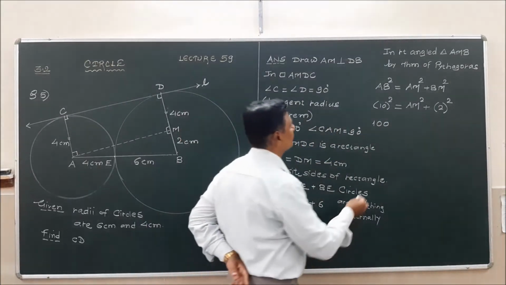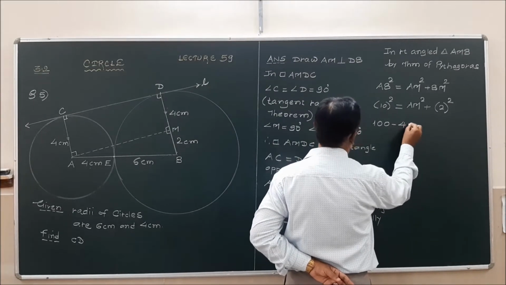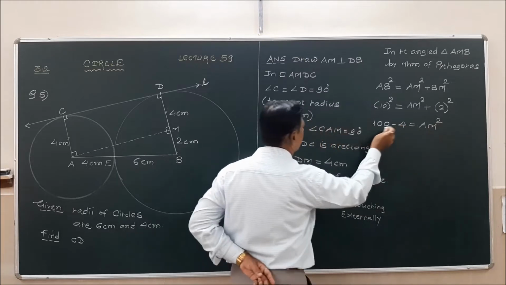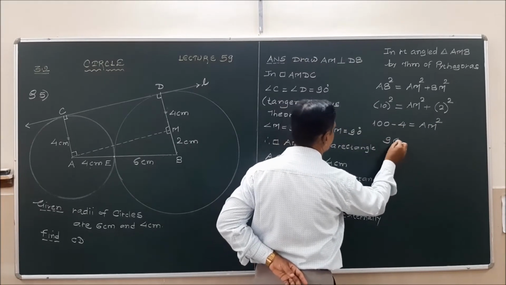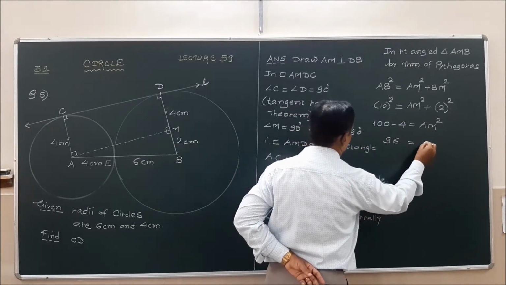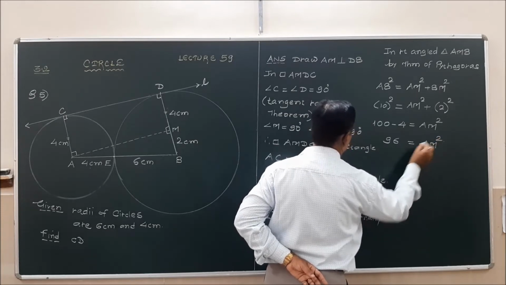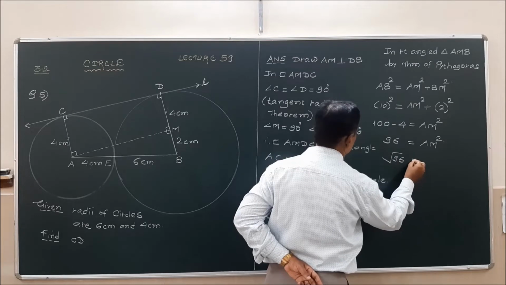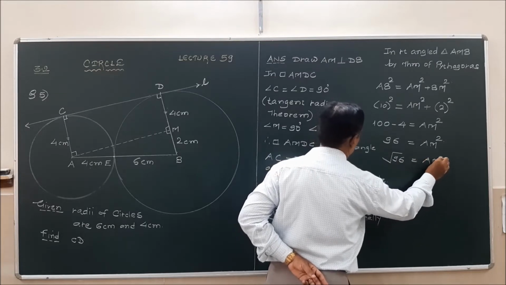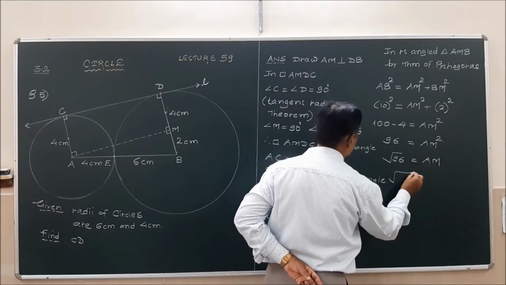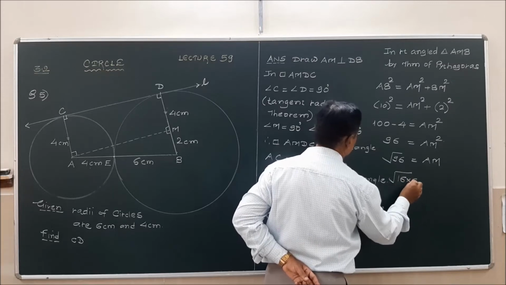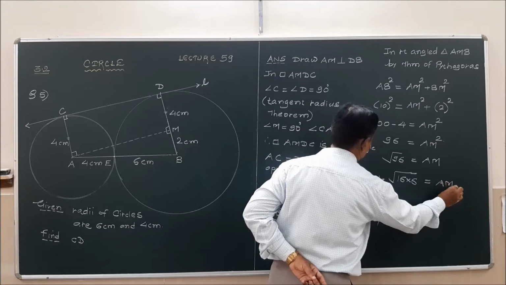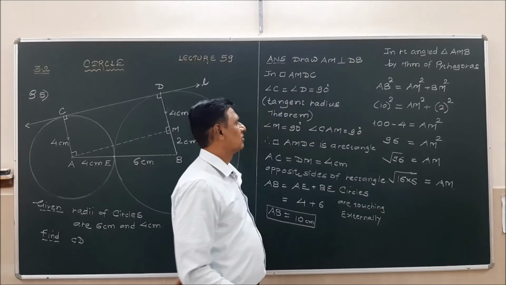Transfer 2 square, that is 4, to the other side: 100 minus 4, that is 96, is equal to AM square. Root of 96 is equal to AM. So we get root 16 times 6, that is equal to AM.